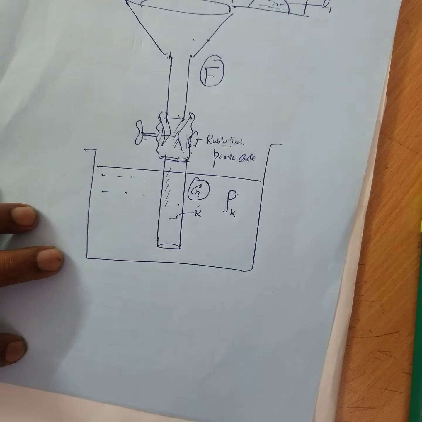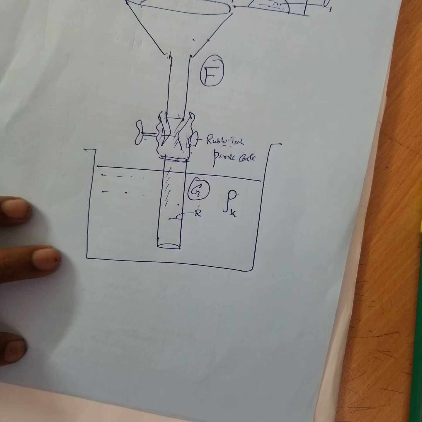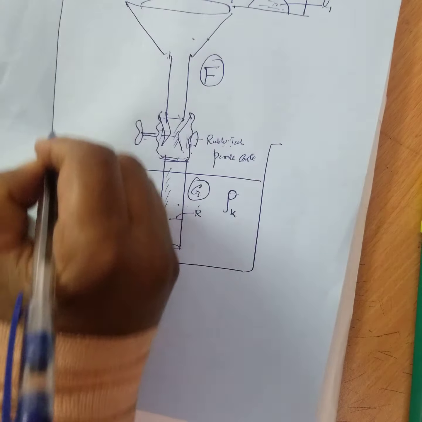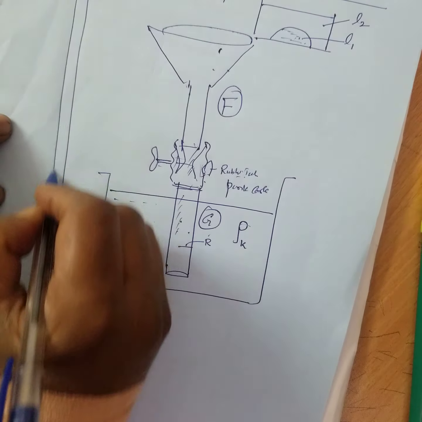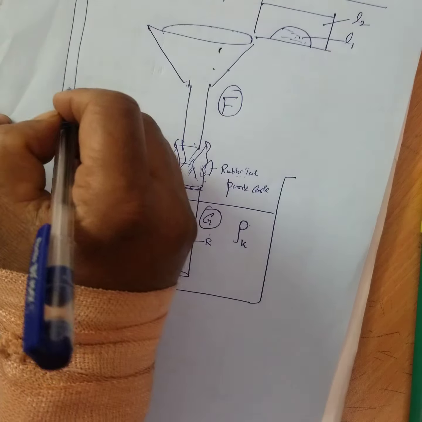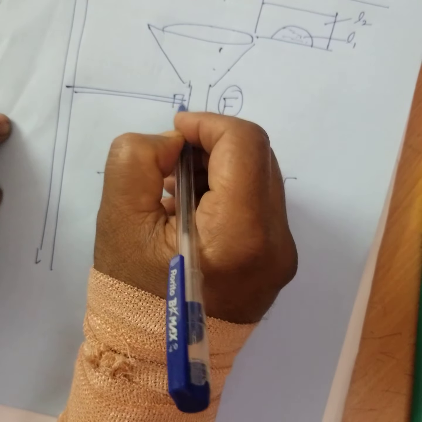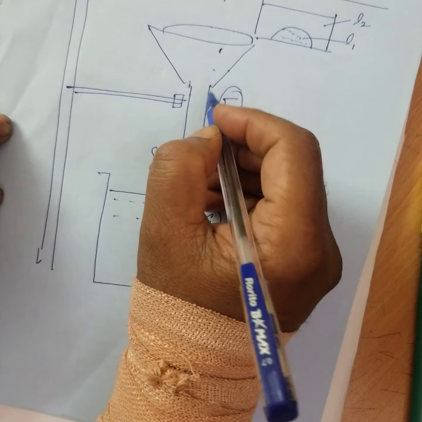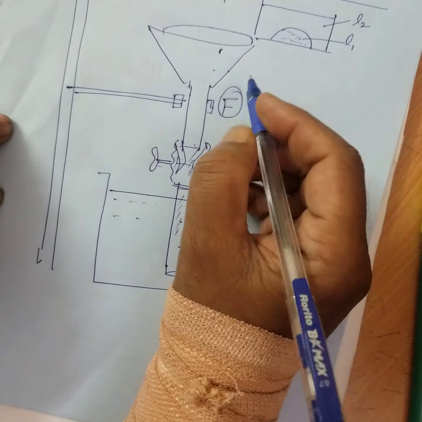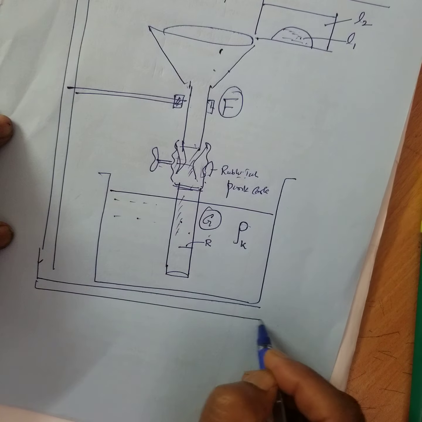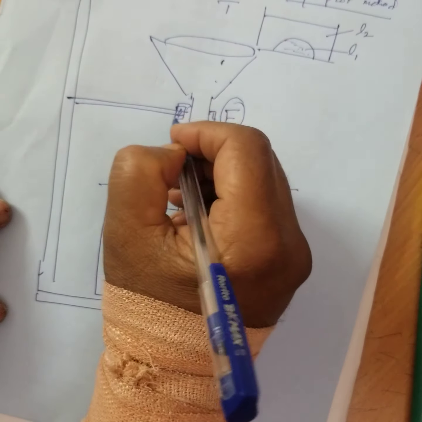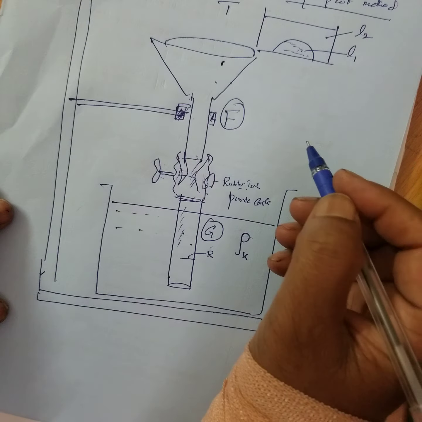Rho K represents the density of the kerosene. And this funnel and the rubber tube, all these things are fixed here with the help of a stand. Can you follow?